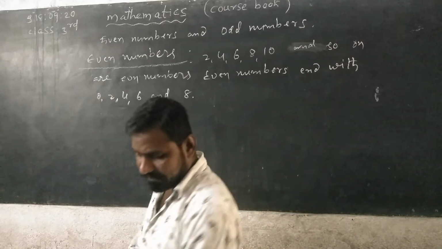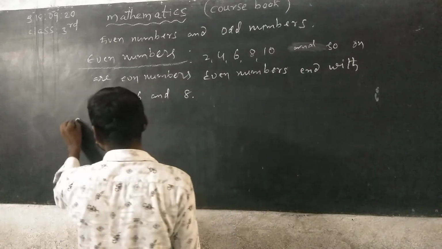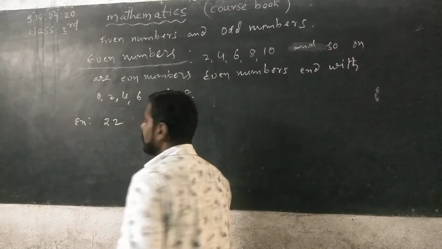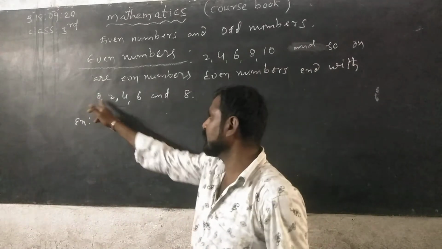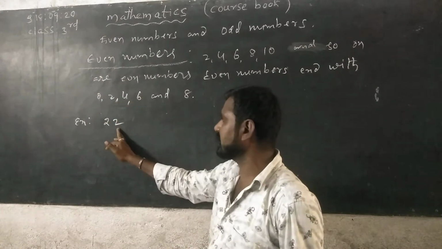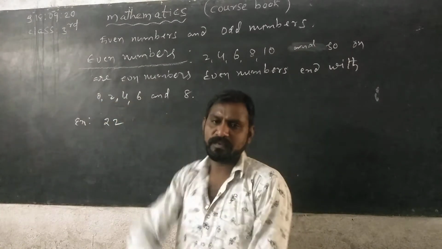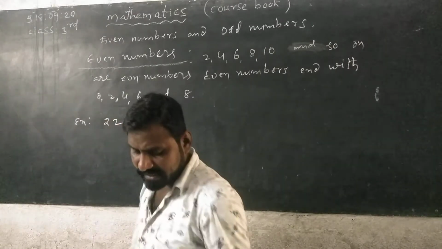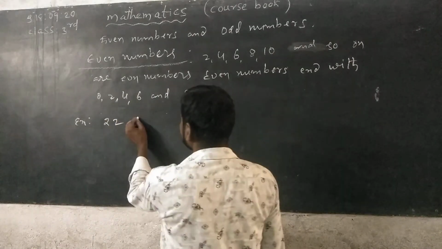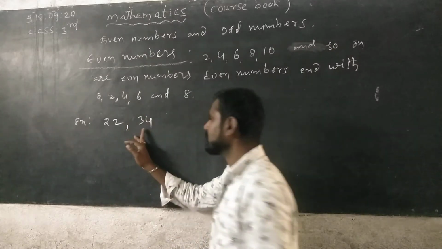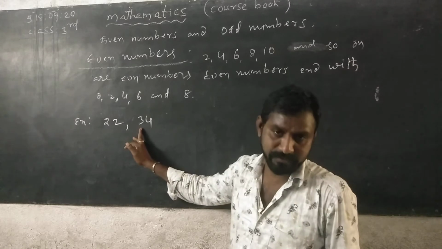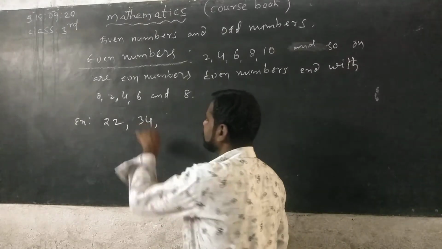See, for example, 22 ends with 2. Student, here the ones place is 2, then 22 is an even number. Now next 34. Did you observe ones place? 4 is in ones place. End with 4. So 34 is also an even number.